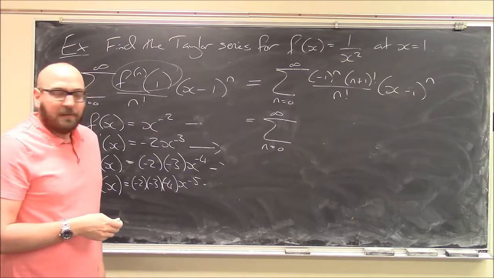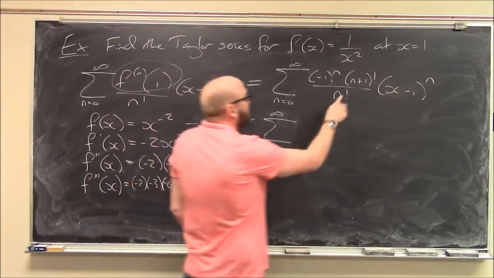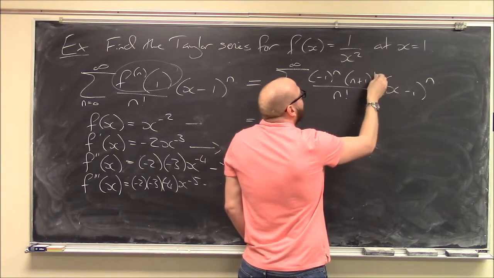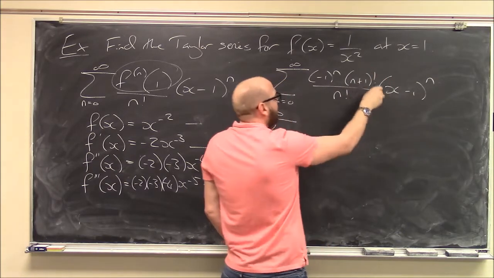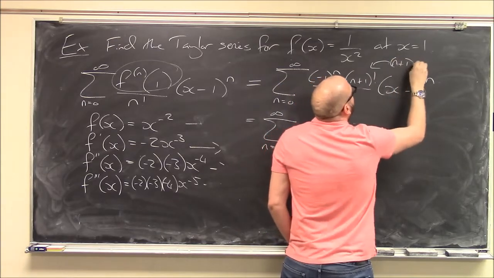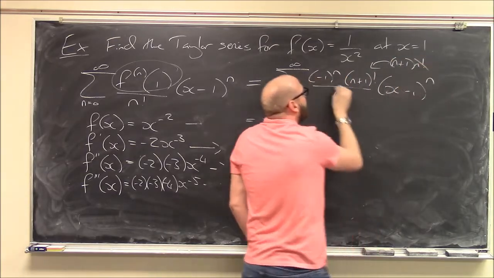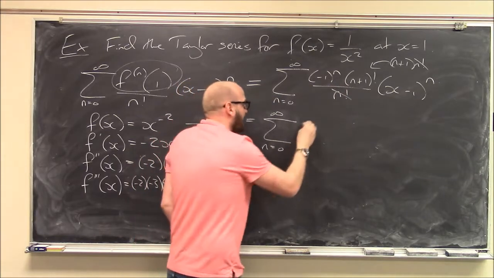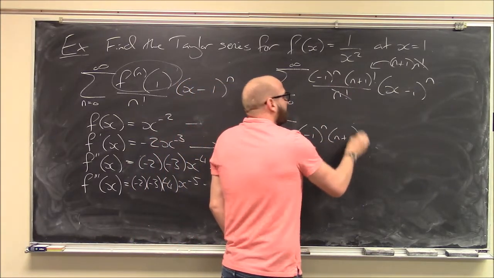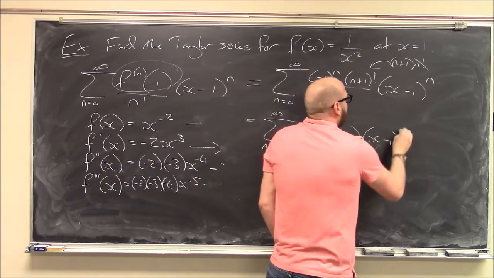Remember what this is: n plus 1 times n factorial, and the n factorials are going to cancel, right? So we're really looking at minus 1 to the n times n plus 1 times x minus 1 to the n.